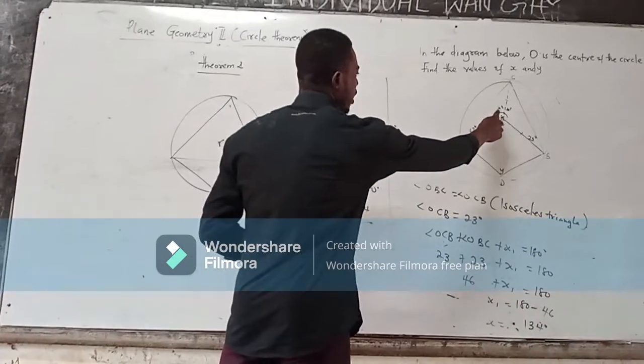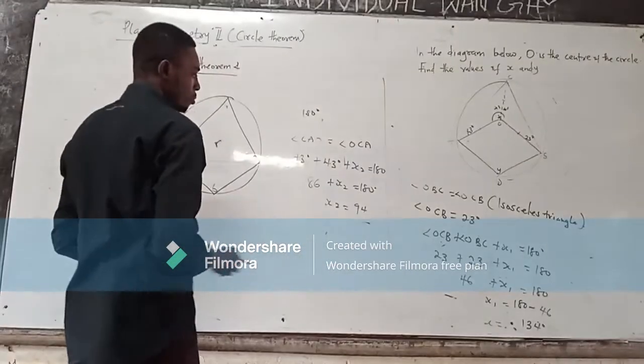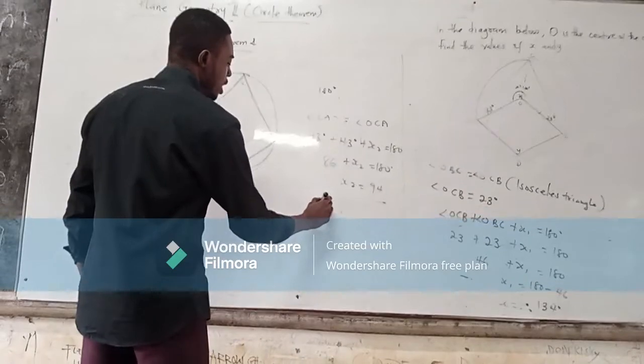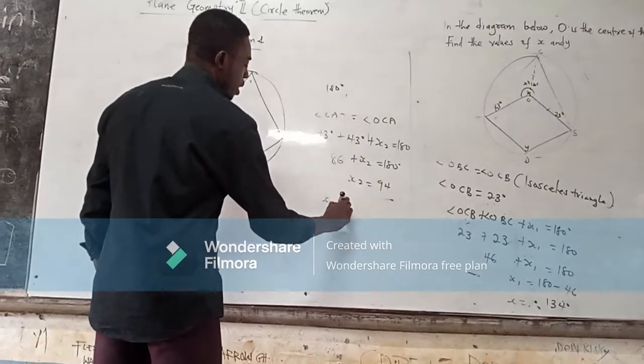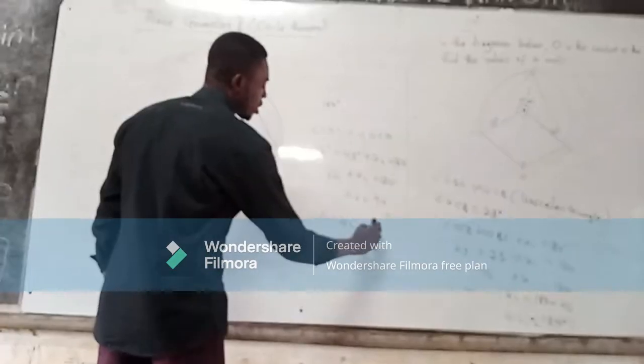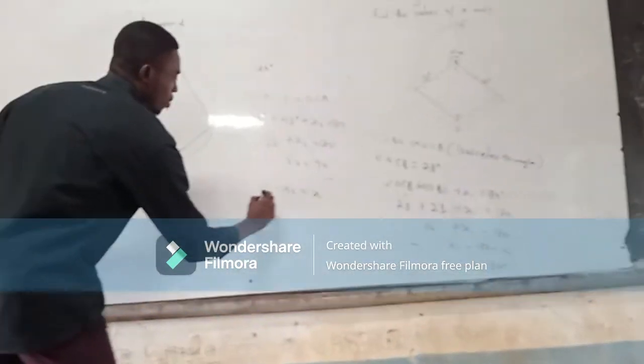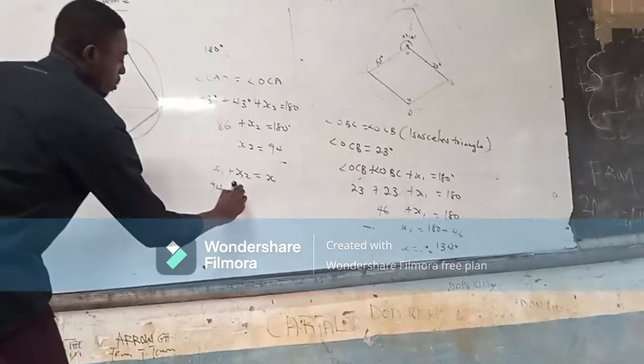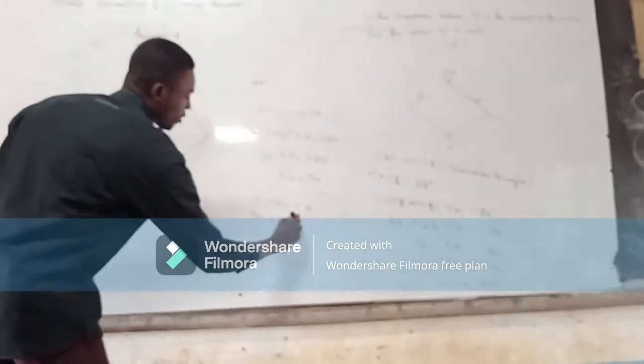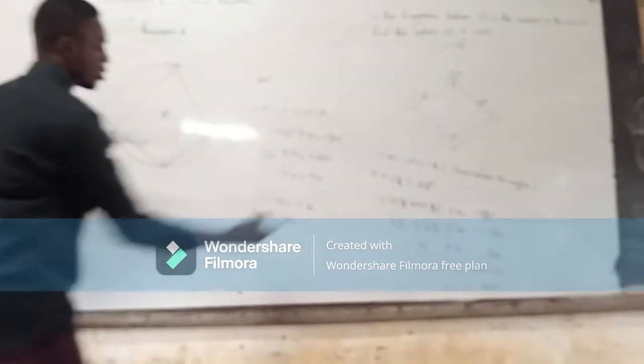Now that you have x2 and x1, it means that x1 plus x2 should give you x, because this place was named x. So then you have 94 plus 134 should give you that.